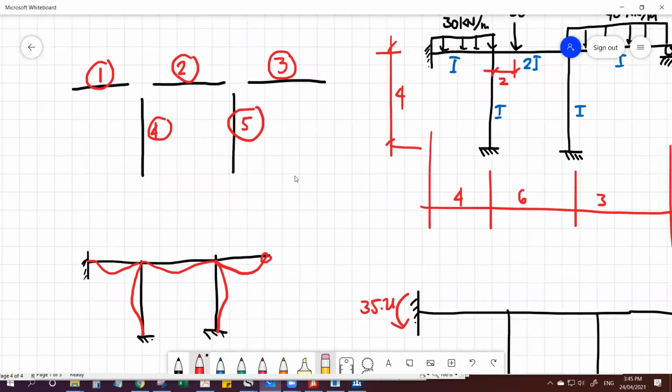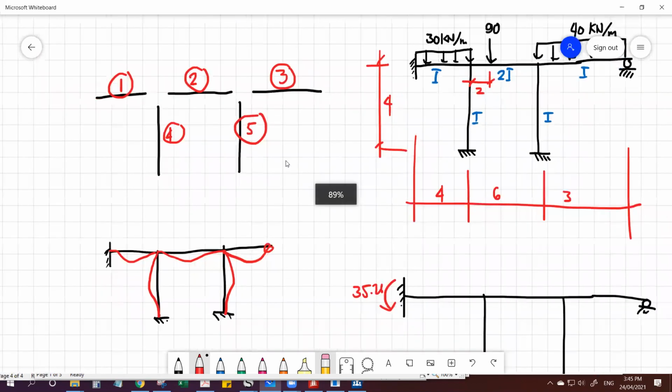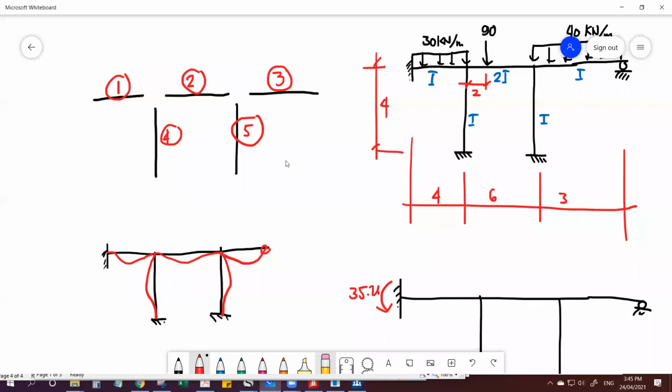Now for the degrees of freedom, I'll make this 1, rotation 2, then this is 3, rotation 4, this is 5, rotation 6, this is 7, rotation 8. For the column, our convention is bottom up.